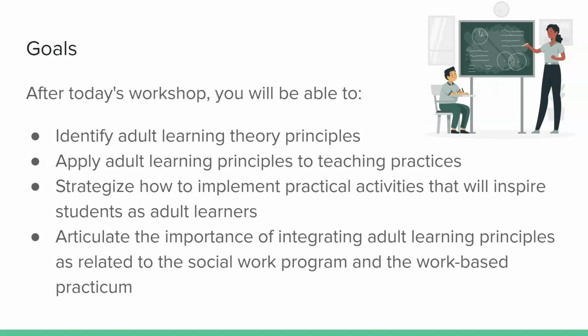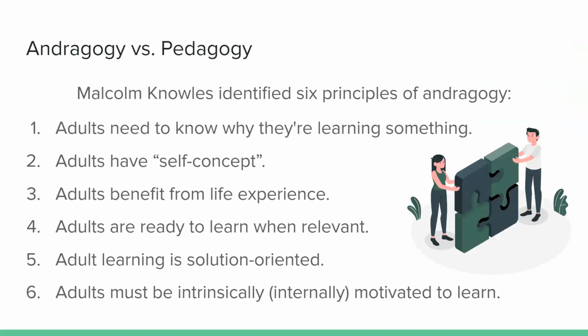So let's get into it, and let's start with andragogy. What is andragogy? So there's andragogy and there's pedagogy. Pedagogy is all about teaching children, right? So teaching kids is pedagogy. Andragogy is adult learning.